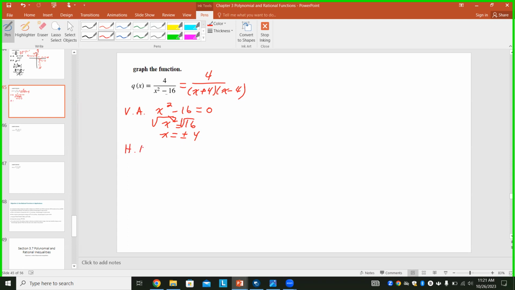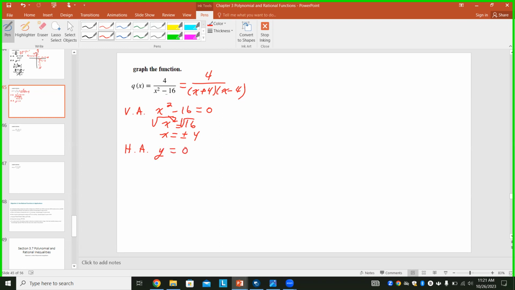Our horizontal asymptote would be what? 0. This does not have an exponent on top. So the square on the bottom is definitely going to be larger than the numerator, so the answer is automatically y equals 0.